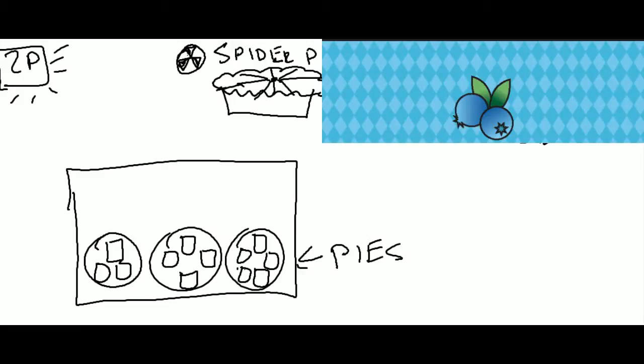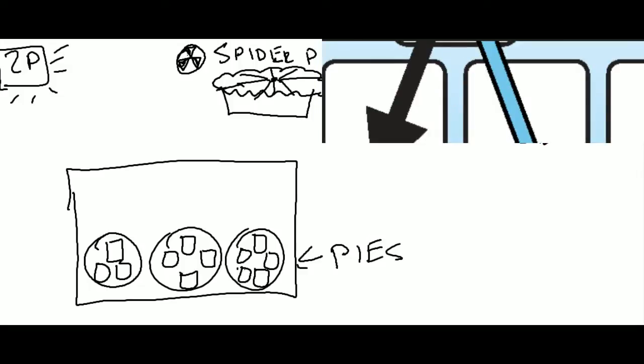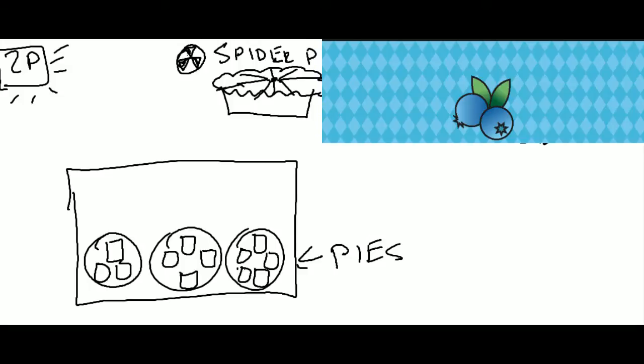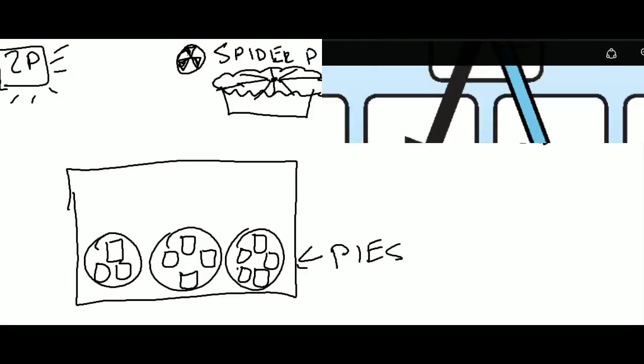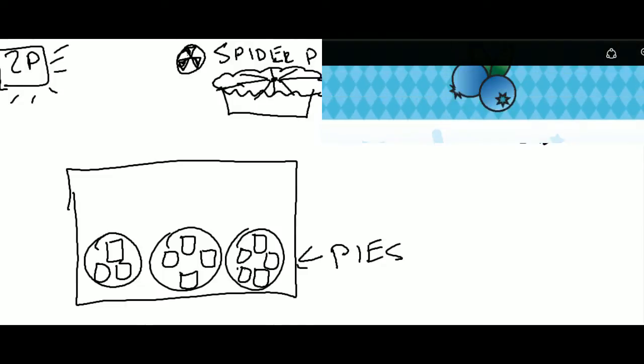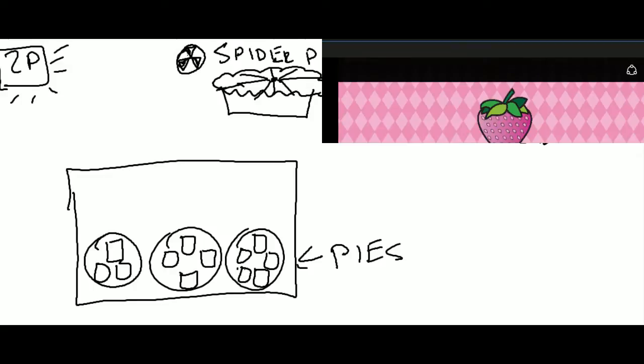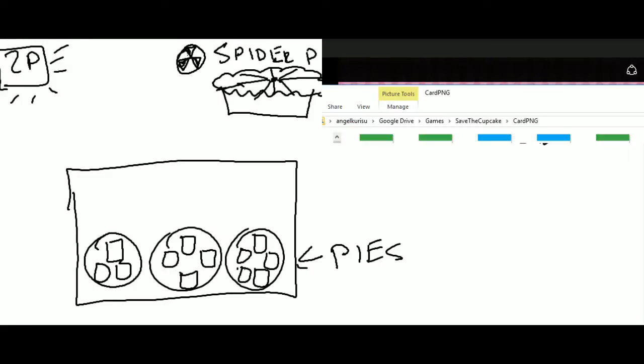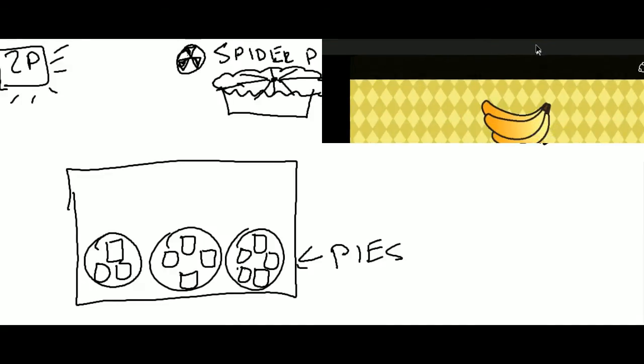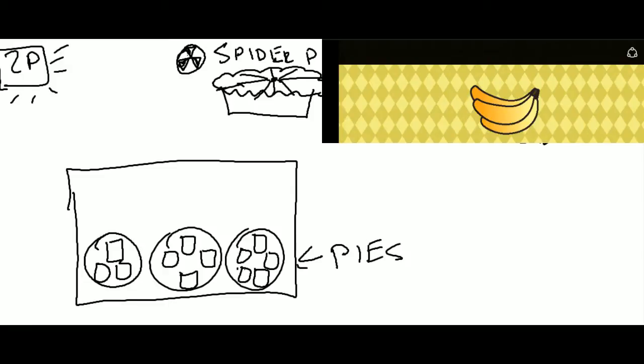Hey, it's a blueberry. Oh, that's not what I wanted. Okay. Blueberry. So we have a blueberry, a strawberry, and a banana. We're going to use these art assets in our simple little prototype once we get over to InDesign.